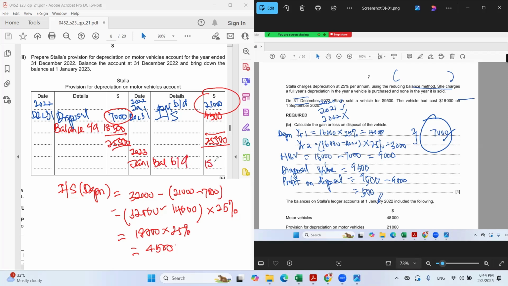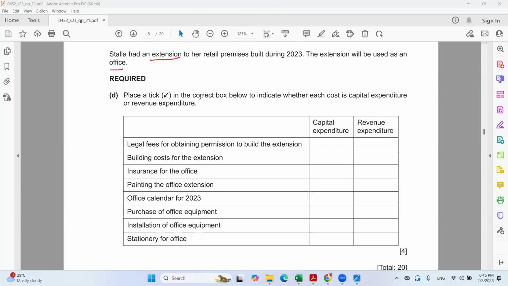And the amount is 18,500. Next, in the correct box, indicate whether each item is a capital expenditure or revenue expenditure. Capital expenditure is a purchase of a non-current asset or extension of a non-current asset.